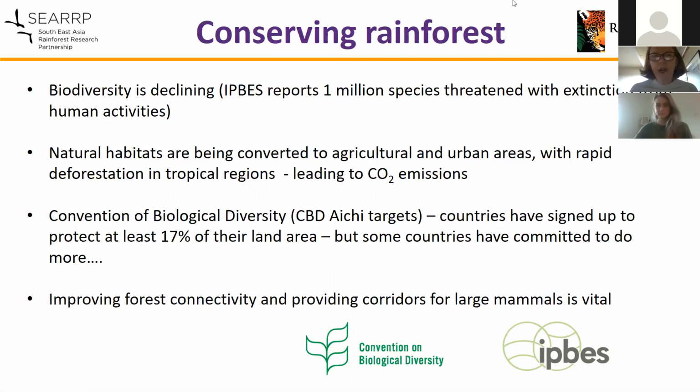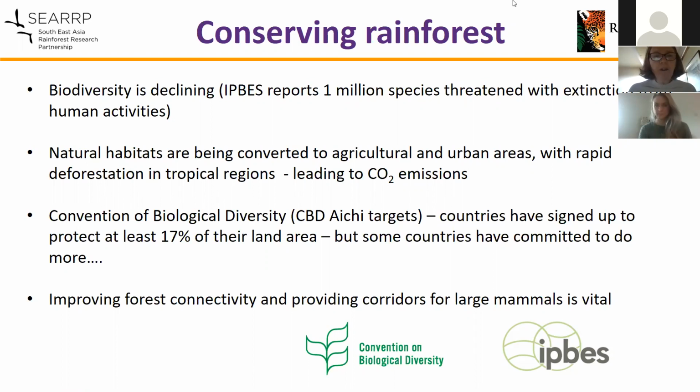And we know that natural habitats are being lost, and a lot of this is to do with conversion to other land uses, such as agriculture and urban areas. And that has huge impacts on deforestation rates, particularly in the area of the world that we work in, which is in Southeast Asia. And of course, loss of forests leads to increase in CO2 emissions, leading to climate warming.